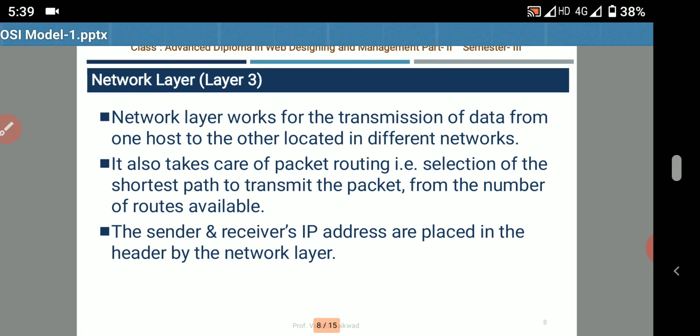Okay, so network layer defines the logical address of each computer. What is logical address? It is IP address. I think you must have heard about IPv4 and IPv6. Okay, these are the logical addresses which are defined by network layer. So each computer must have its IP address.